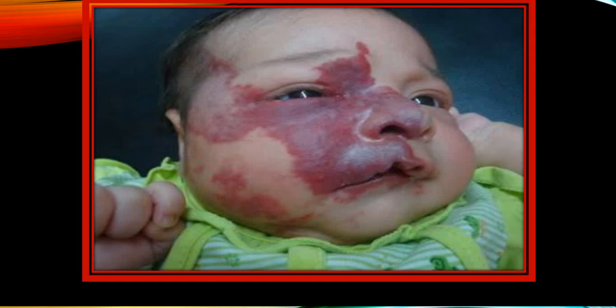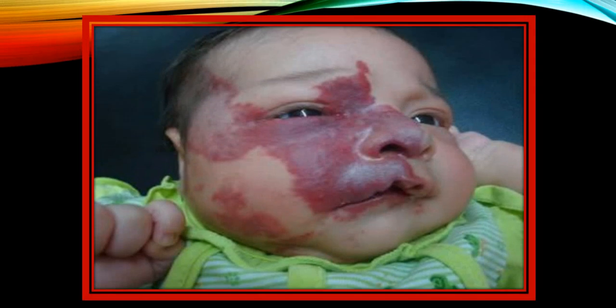So it is severe, involving the trigeminal nerve, and this is associated with microcephaly with intracranial calcification appearing on the CT as a tram-track appearance, and with seizure. This is called Sturge-Weber disease.